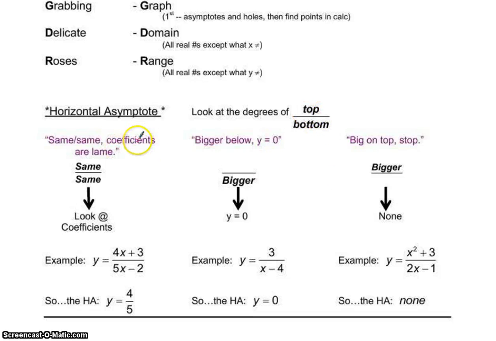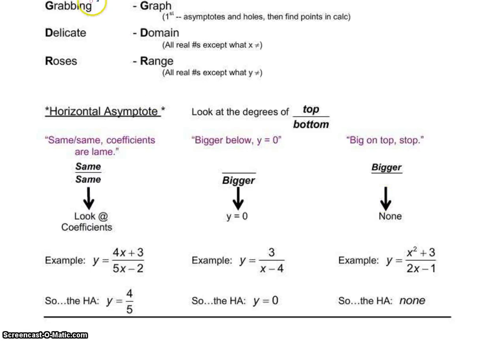If they're the same, you make a fraction with your leading coefficients. If the denominator is bigger, it's y equals 0. And if the numerator is bigger, there is not one. Several little tricks for remembering things on this handout. If it helps you, great, use it. If not, memorize the rules.